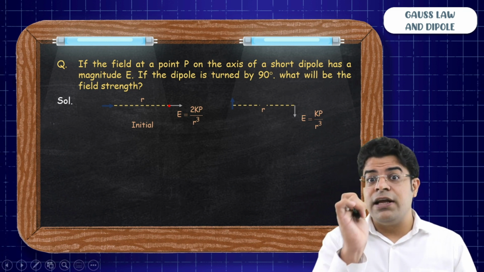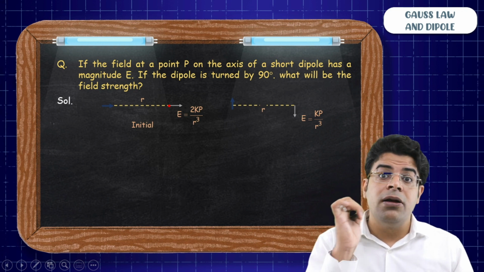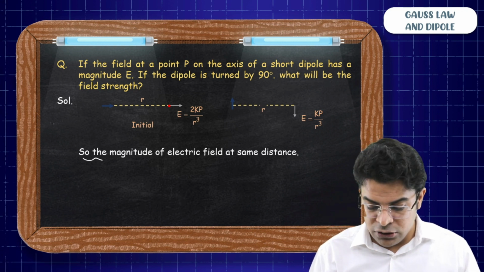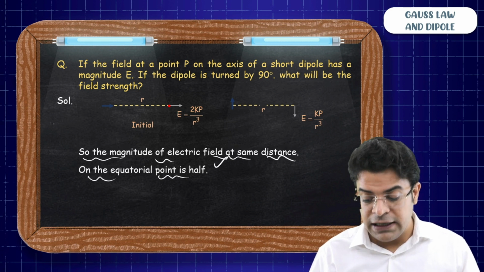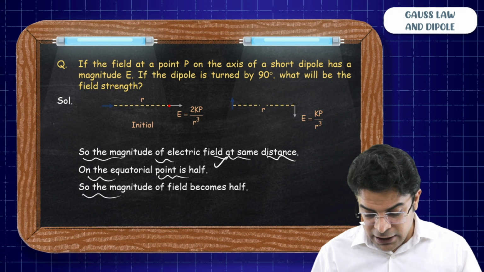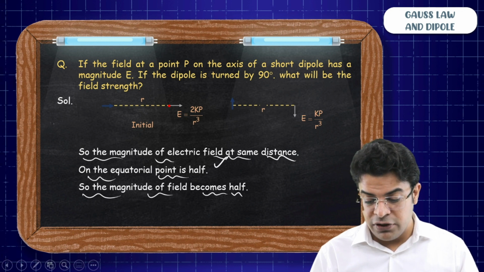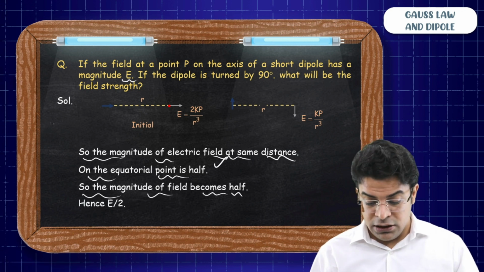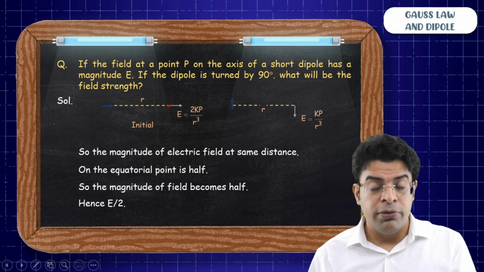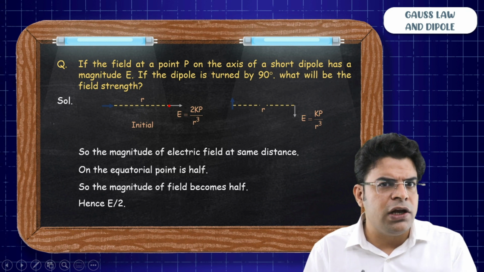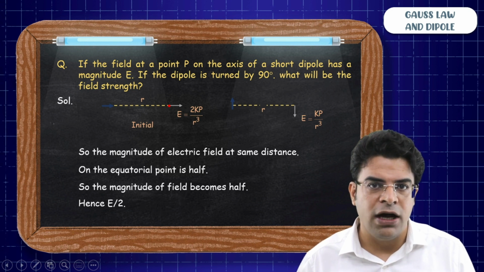Hence, the magnitude of the field becomes half. So if the original field was E, the new field will have a strength equal to E by 2, because at the same distance on the equatorial line, the strength of the electric field is half.